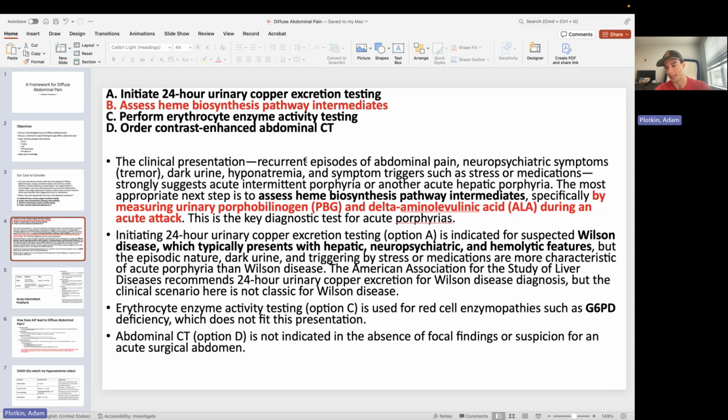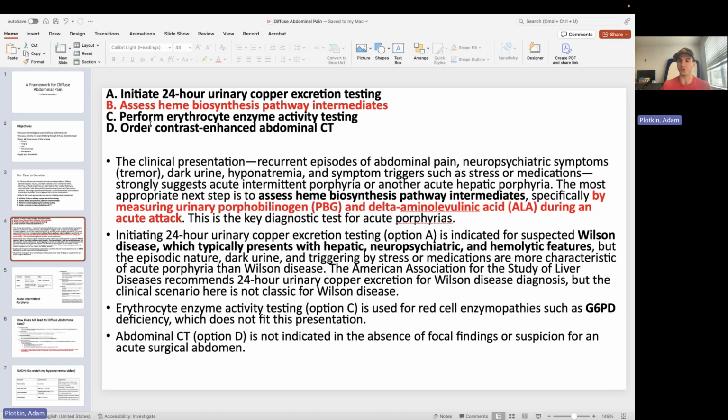So this case is screaming at me acute intermittent porphyria. And we're going to talk all about acute intermittent porphyria. I'm not going to go on too much on this slide, but I gave you why some of the wrong answers are wrong too. So really, when I'm looking at this patient, I see diffuse GI symptoms, neuropsych, so she has the tremor. These patients may also show up with confusion or hallucinations, maybe altered personality as well.